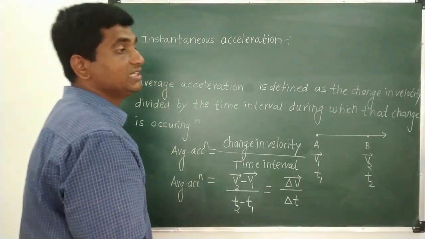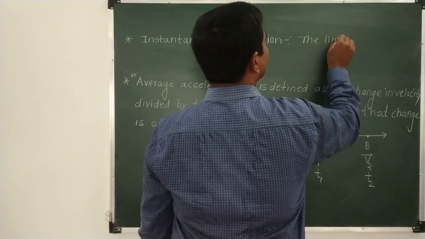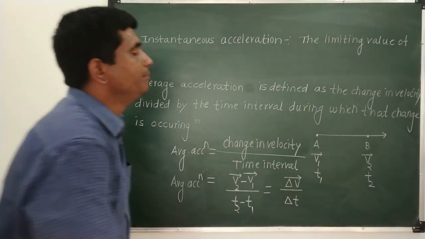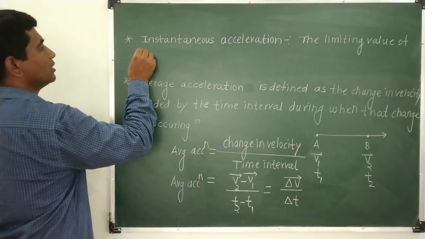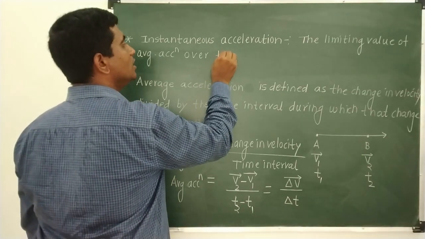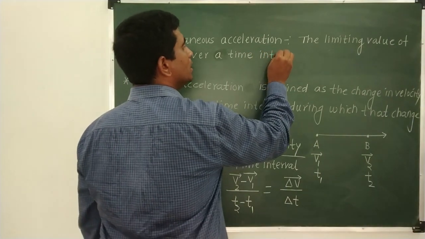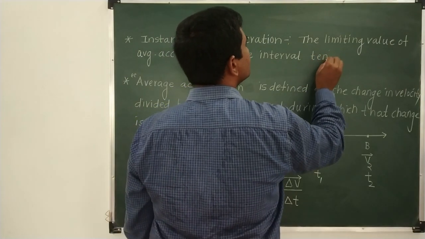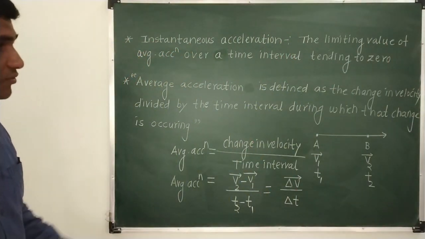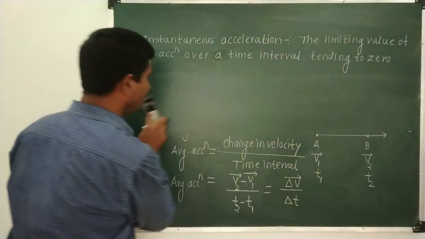So instantaneous acceleration is nothing but the limiting value of average acceleration over a time interval tending to zero, meaning the value of this average acceleration when the time interval is tending to zero.